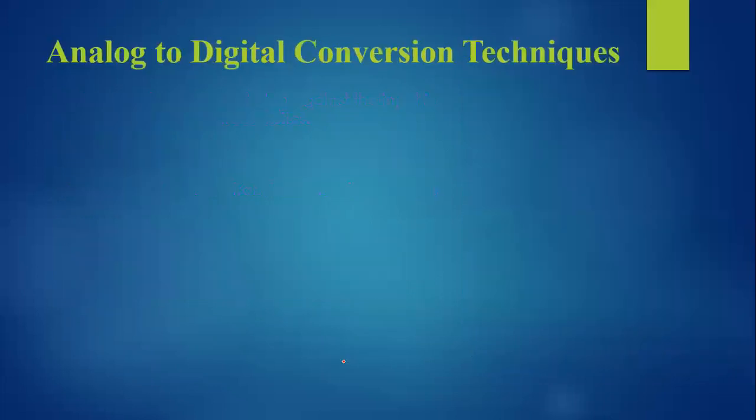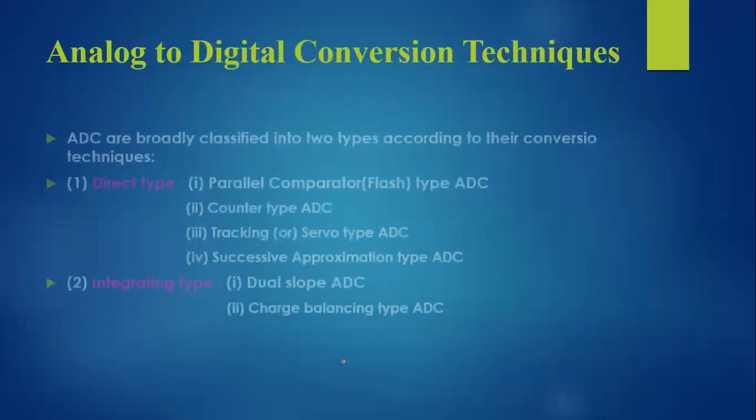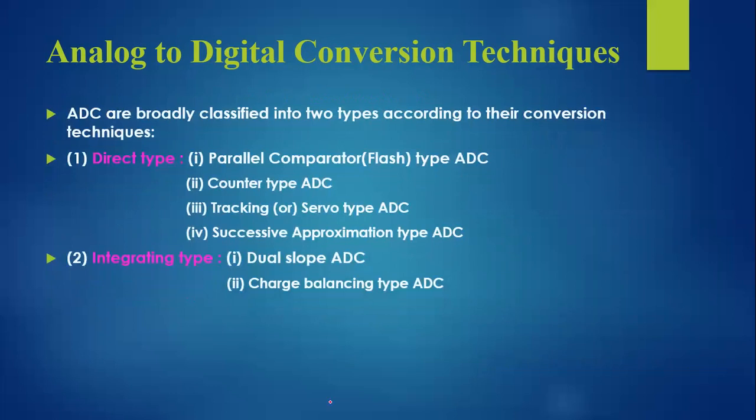Next we go for A to D conversion techniques. As we have discussed in the basic introduction of this topic, ADCs are broadly classified into two types according to their conversion techniques. First one is direct type, whereas the second one is integrating type.